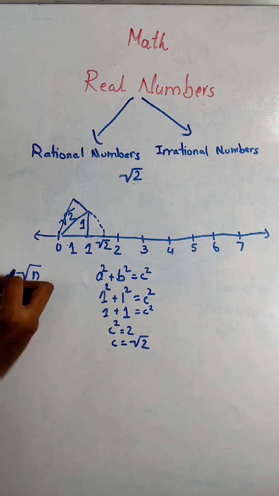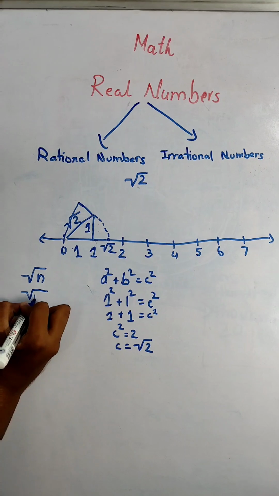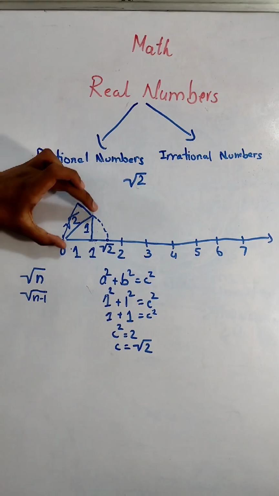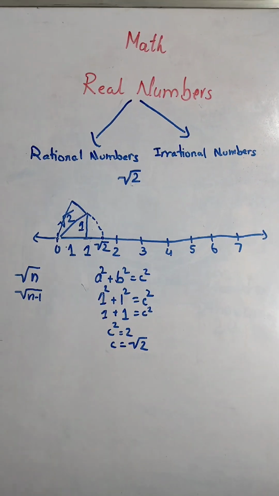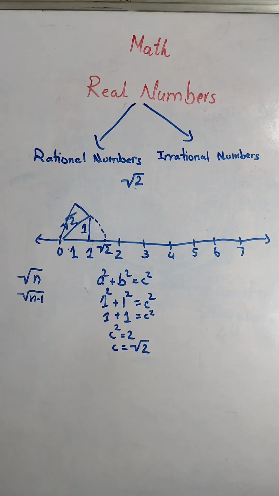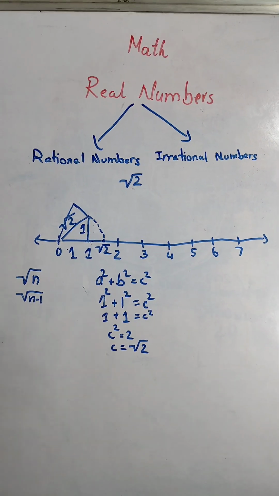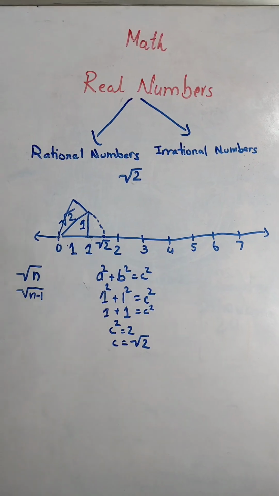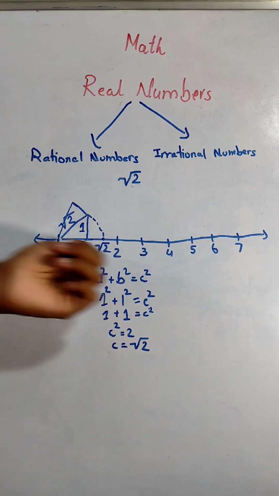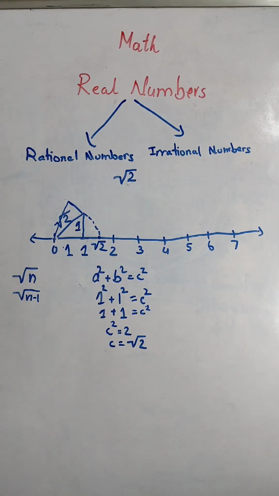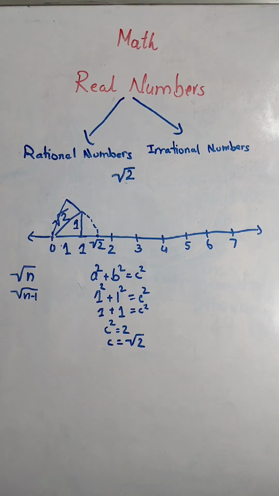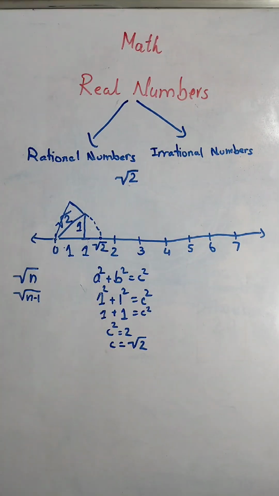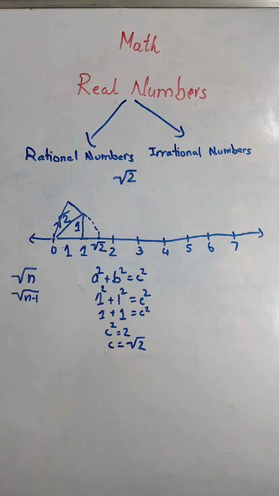So what we have to do is always have the base equal to n minus 1, that is this line equal to n minus 1, and you have to keep on applying this formula until the new number is a perfect square number, that is we can mark it on the number line. So for example, if you want to mark root 5, we can directly take 2 instead of doing the entire spiral.